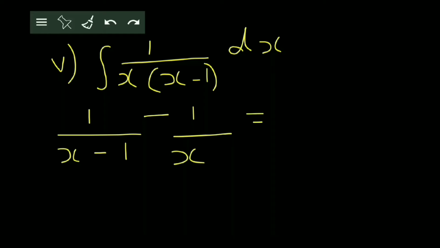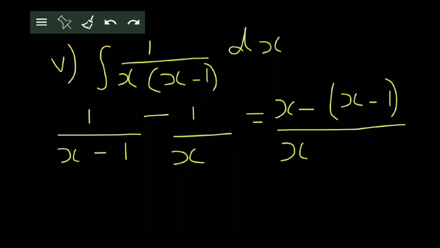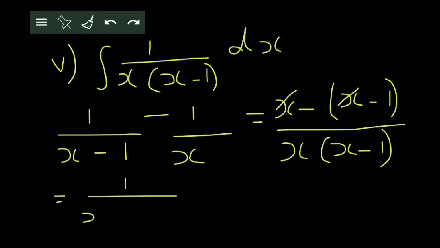Now when we cross multiply and equalize the denominator, we get x minus 1 in the numerator, and in the denominator we get x into x minus 1. Upon opening the bracket, x and x goes away and minus 1 becomes plus 1. So it becomes 1 upon x into x minus 1.